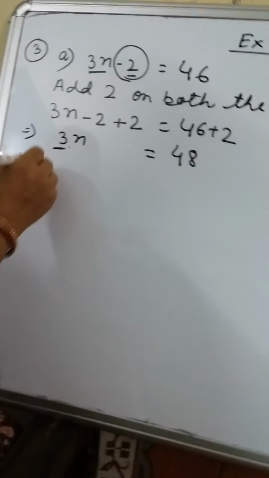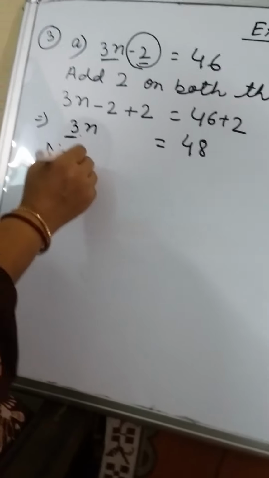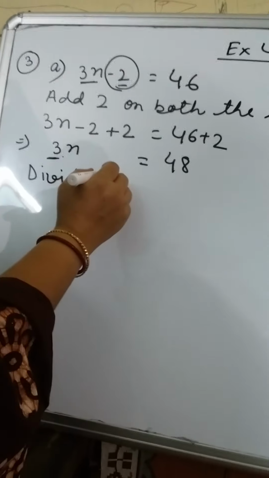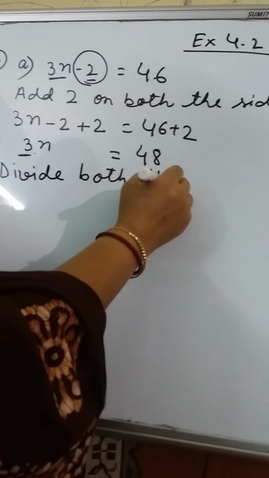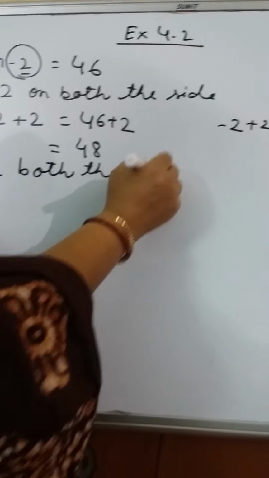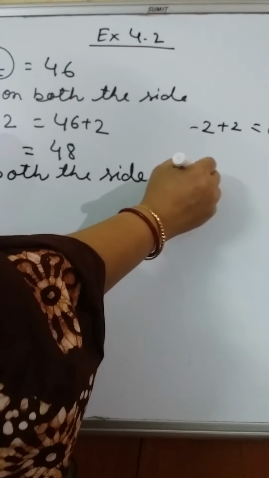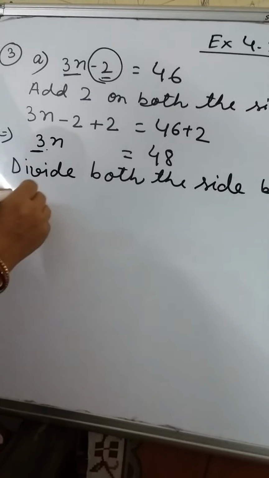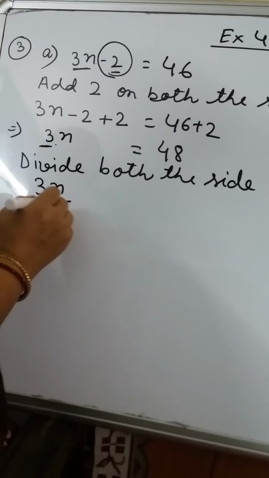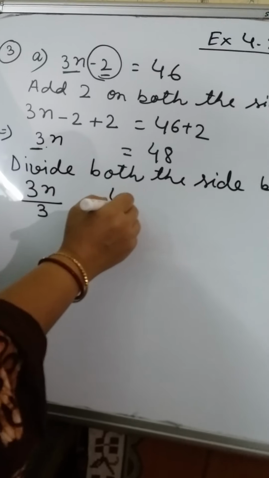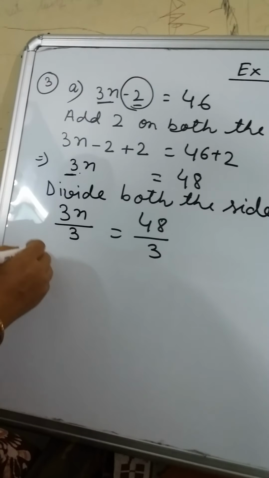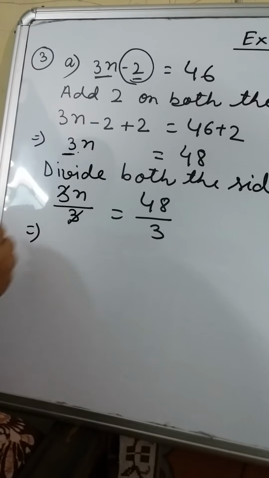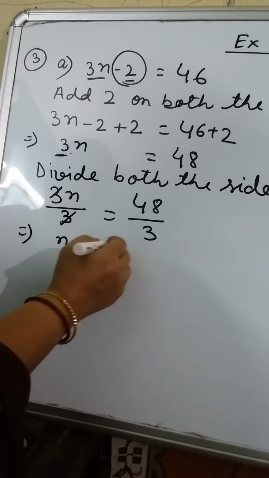So my next step is divide both the sides by 3. What will I get? 3n by 3 equals 48 by 3. So 3 will get cancelled, n will remain here.